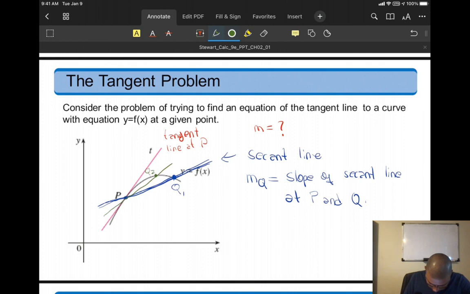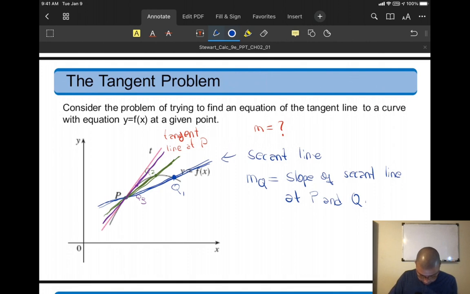You can see that the green one is a little bit closer to the red one. Still not quite that close, but you can pick another if you want to make it better. So if I pick, let's say purple, Q3 over here, and draw the line through P and Q3, now I have a purple line that's a lot closer to the red one.